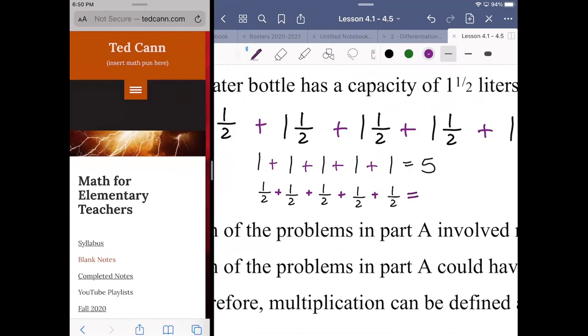So half is 50 cents. Can you count by 50 cents? Yeah, 50 cents, $1, $1.50, $2, $2.50, 2.5. Right, so I got my 2.5. Put them together and we get a result of 7 and 1/2.